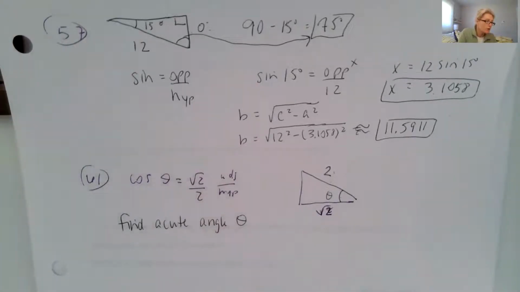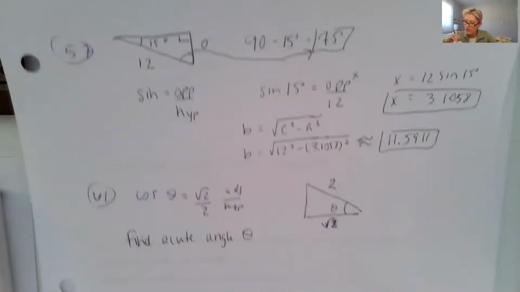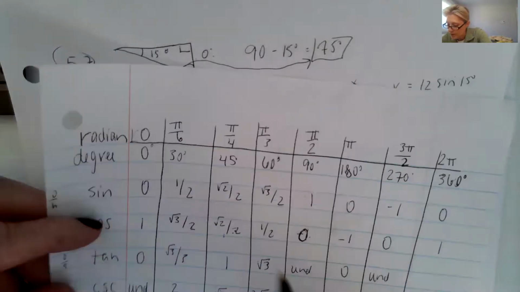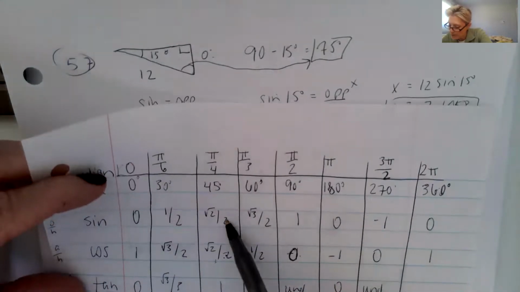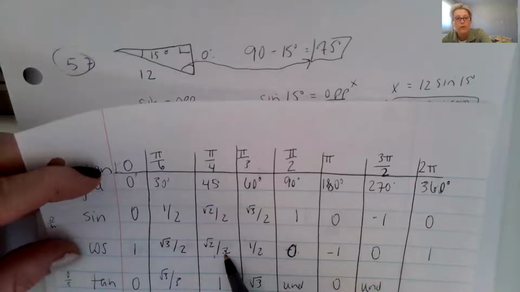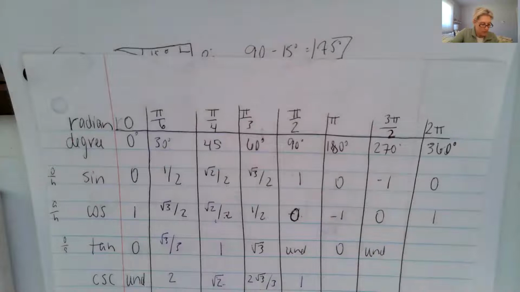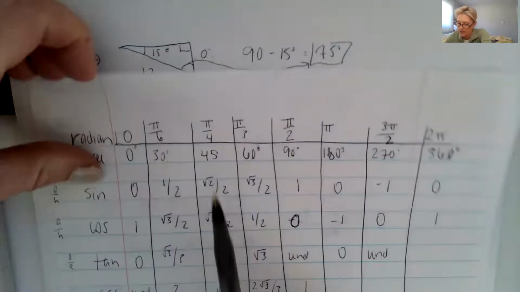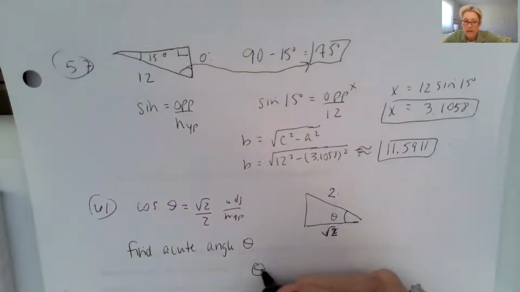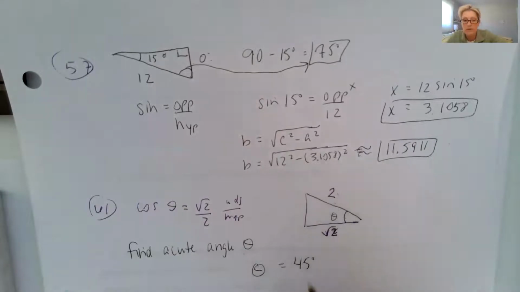If we go to the rules that we have written down, we know that cosine is the square root of 2 over 2 at a 45 degree angle, or pi over 4. So that angle is 45 degrees.